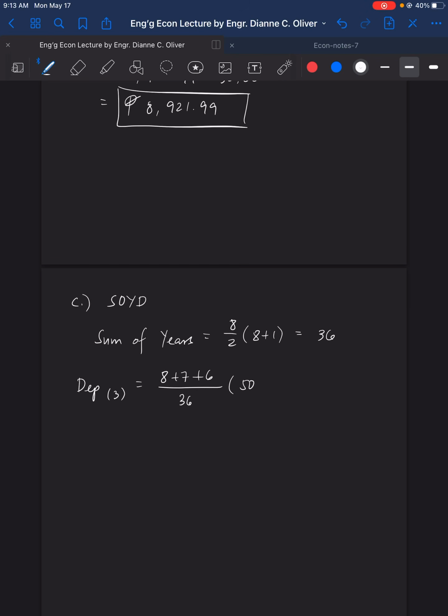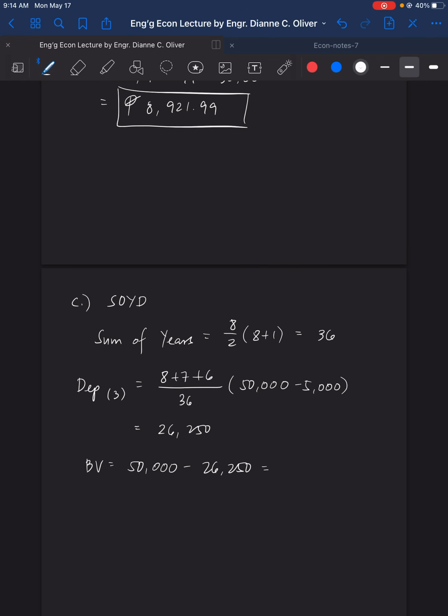So 50,000 minus the 5,000, that is equal to the total depreciation in 3 years, starting with the life of the property 8, then reduced by 1: 8, 7, 6. So total depreciation at third year will be 26,250 pesos.